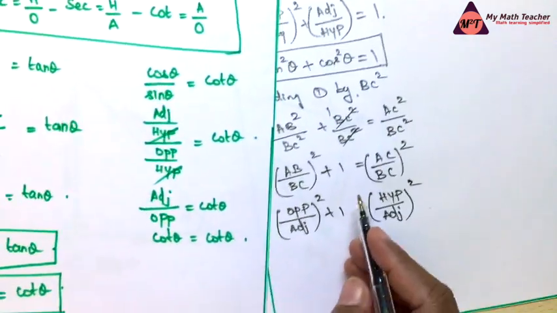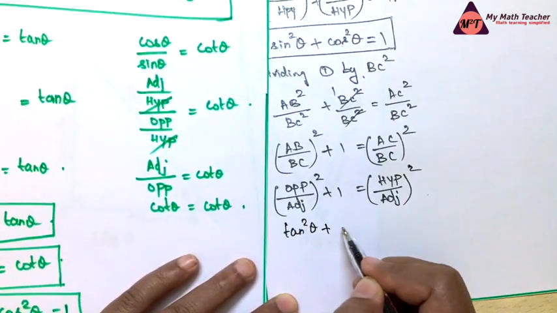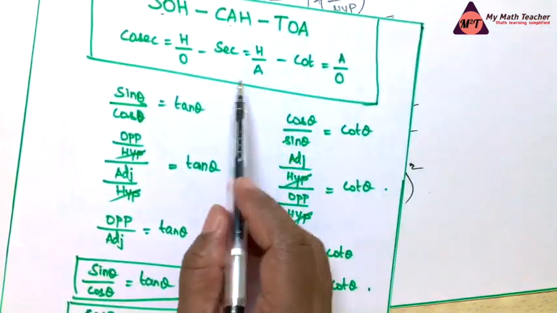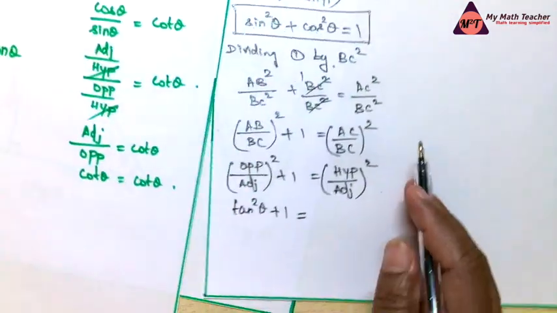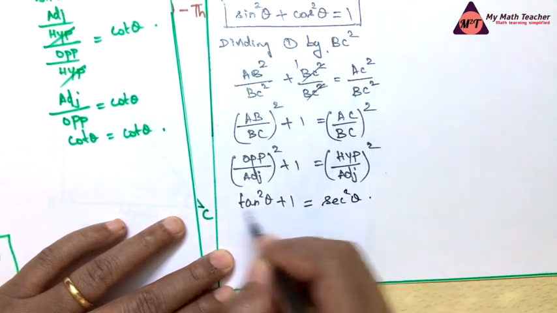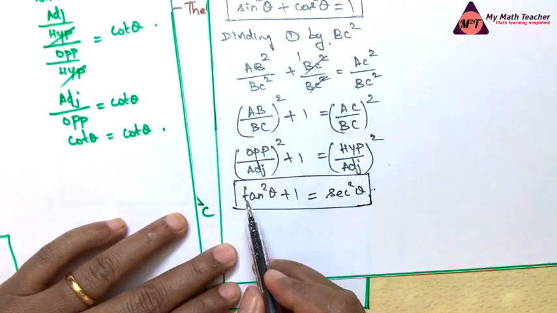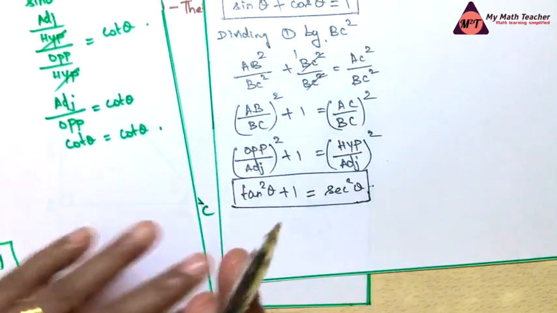Tan. So we can write tan square theta plus 1 is equal to hypotenuse by adjacent. What is hypotenuse by adjacent? You can see this is secant. That is secant square theta. Okay, the second one, that is tan square theta plus 1 is equal to secant square theta.